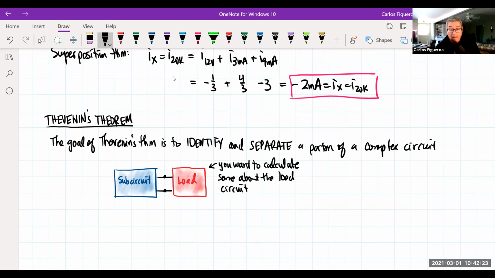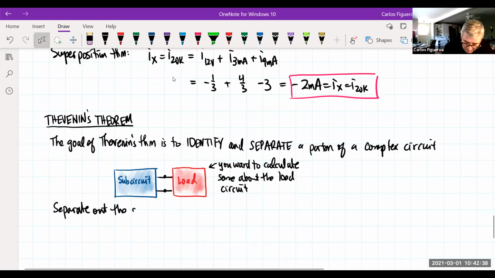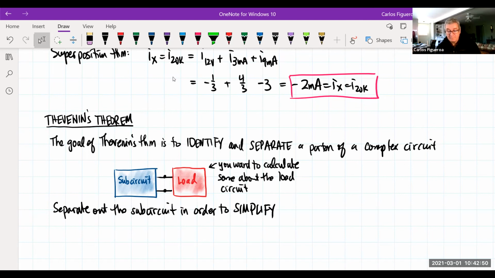So what you do now is literally separate out the subcircuit. You identify this and now you separate out the subcircuit in order to simplify, using Thevenin's theorem.